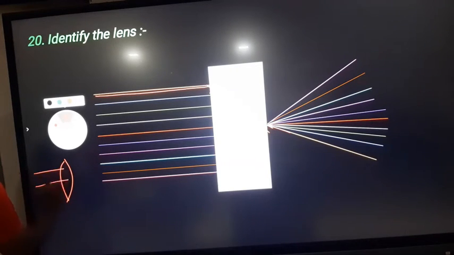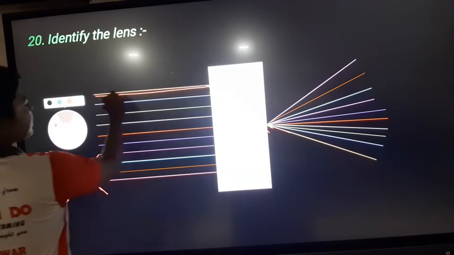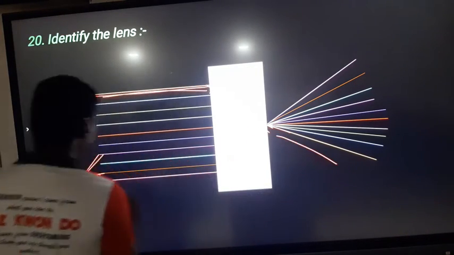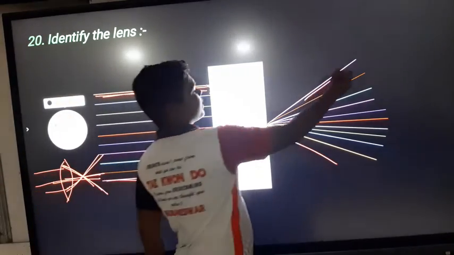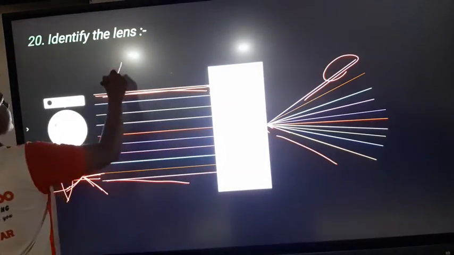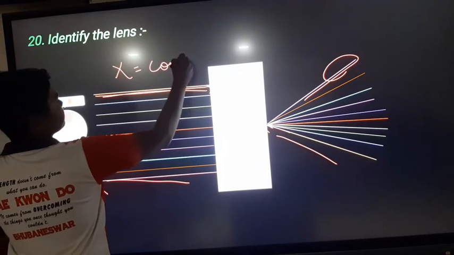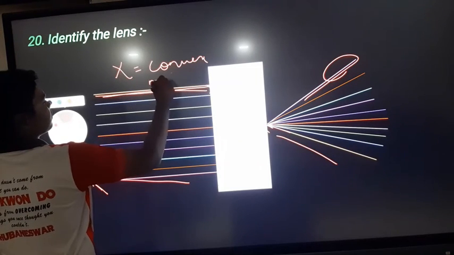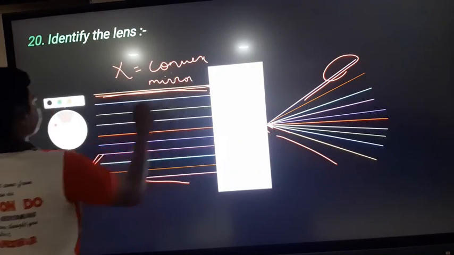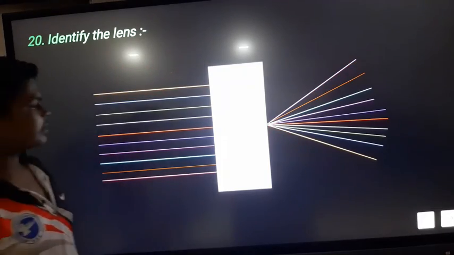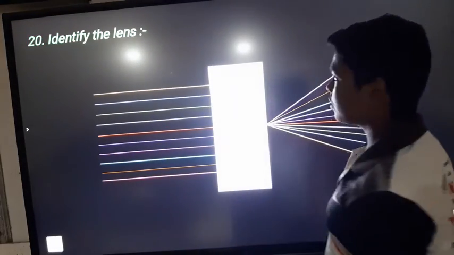So when they go like this, they are converging, and then they go opposite ways. So we will take that x is a convex lens. It is a convex lens, sorry, not a mirror.